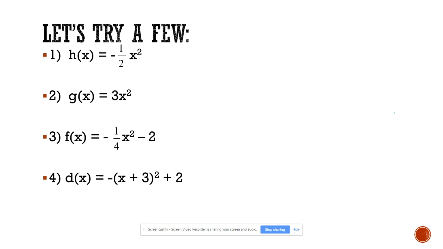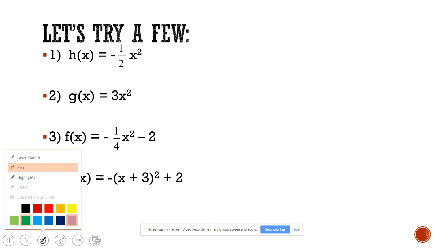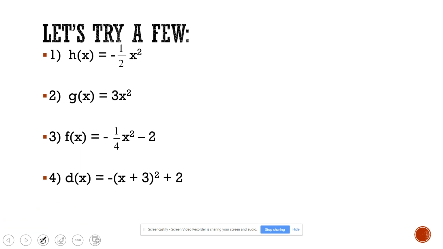So now we're going to try to put these together and talk about what's happening to each of our graphs. In number 1, we have a negative here. That means that our graph is going to reflect over the x-axis.